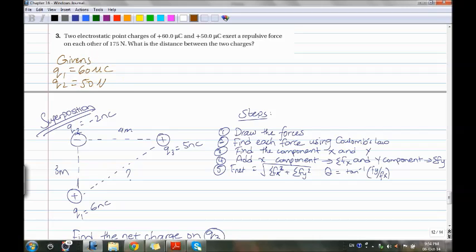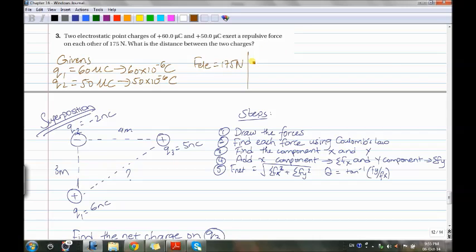We'll convert these, so it will be 60 times 10 to the power of negative 6 coulomb, and here 50 times 10 to the power of negative 6 coulomb. And the electric force is 175 newton.